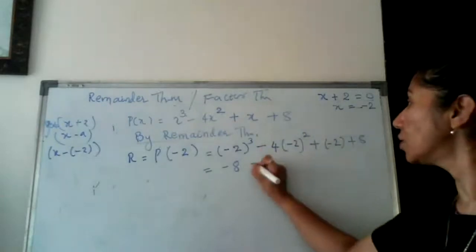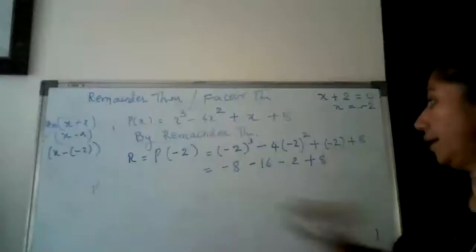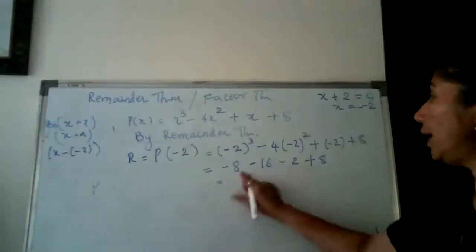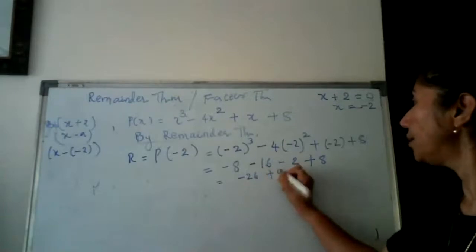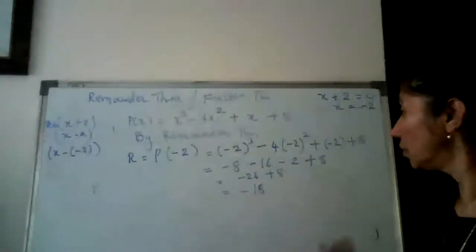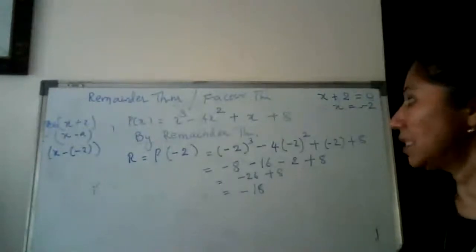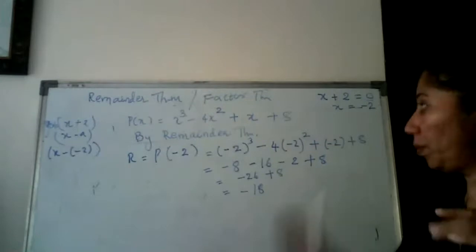So it continues with this minus 2 plus 8. Okay, all negative. 8 into 10 is minus 26 plus 8. So minus 18 is the remainder. I hope I'm very clear how to apply it.